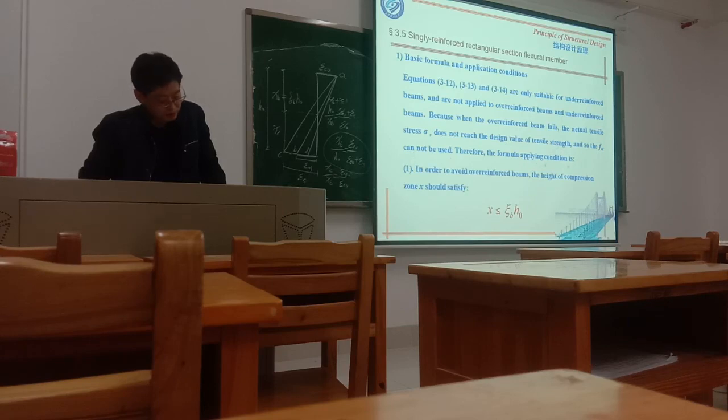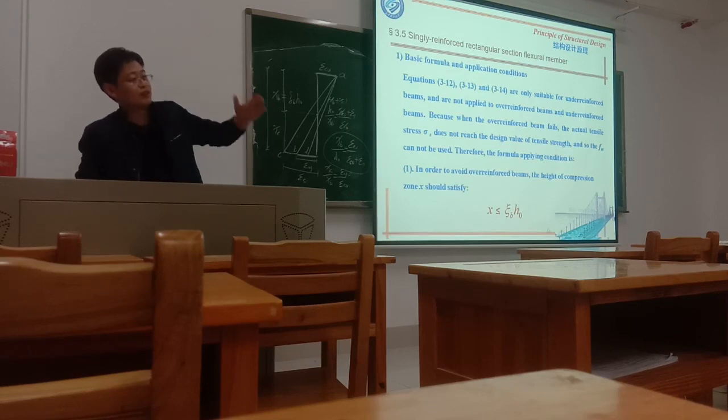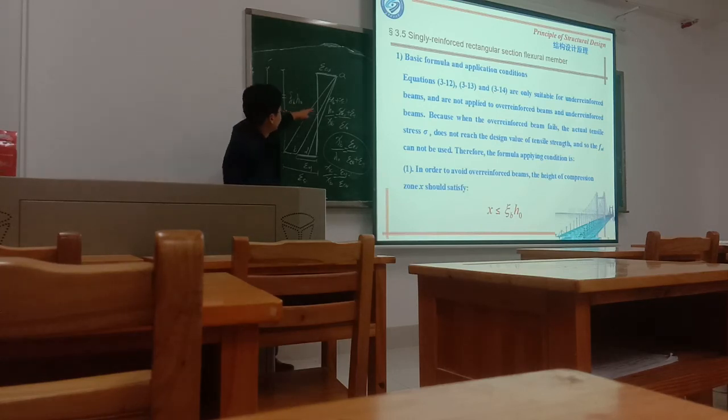Therefore, the formula applying condition is, in order to avoid the over-reinforced beam, the height of the compression zone should satisfy x smaller than xb, the boundary condition, where xb equals ξb times h0. Remember?